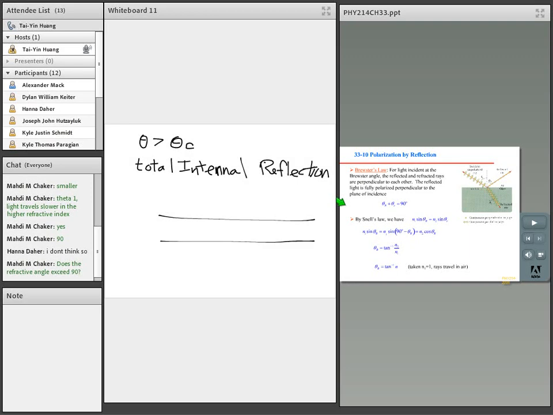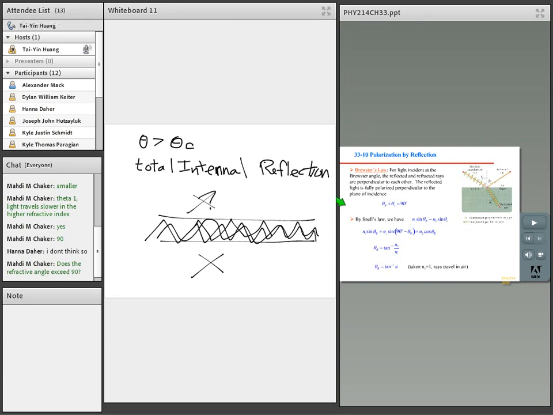You have a light ray that is propagating within that channel. It does not go to the edge, so nothing goes outside. So light just propagates through this guiding channel, and the physical principle at work is total internal reflection.